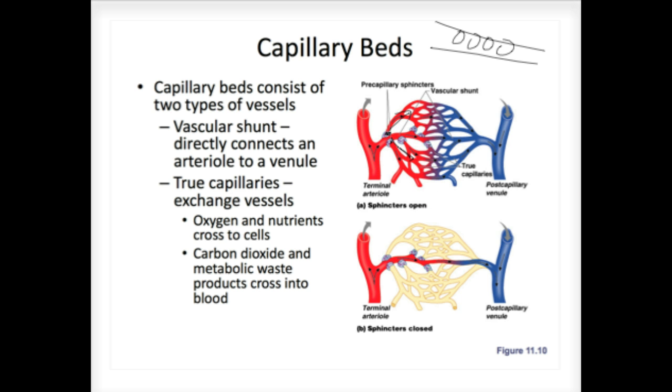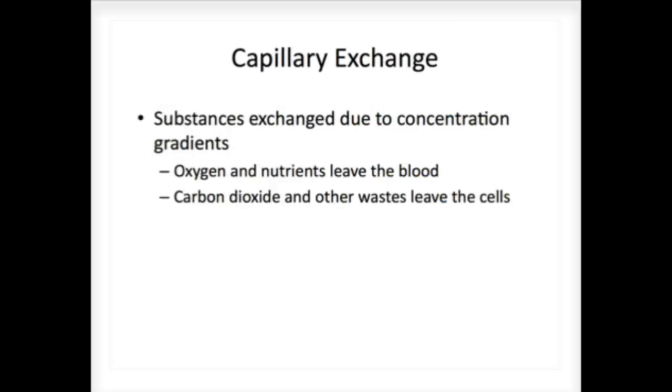If I have an area that doesn't need a lot of blood flow, I'm going to only sporadically allow blood to flow through it. It needs to flow enough that my cells stay alive and stay healthy, but it doesn't have to occur constantly.